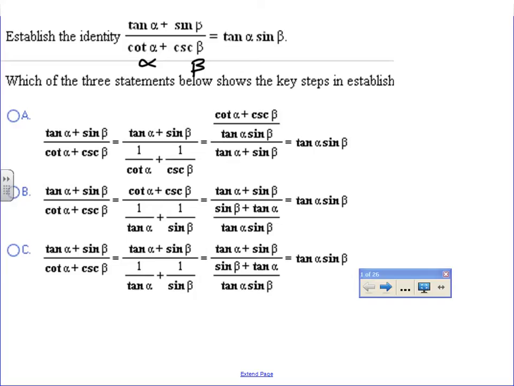Now, there's going to be something here I'm going to do to hopefully help you see something a little bit better with this one. All right, but let's notice the last step on choice A, and let's see if we can maybe find anything that would be wrong with that. So for some reason here, they're coming out with tangent alpha times sine beta, and I'm not sure where that's coming from here, but let's see if we can take a look and find anything.